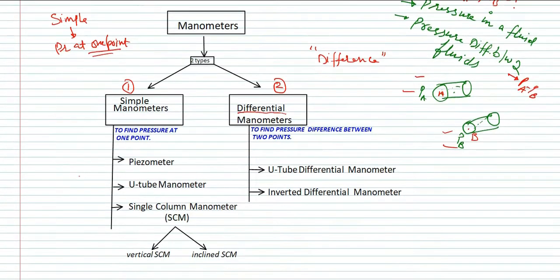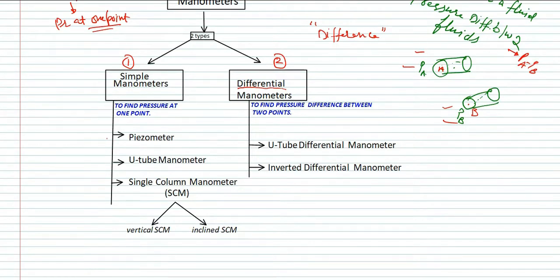Now again, the simple manometers are of many types: A is the piezometer, B is the U-tube manometer, C is the single column manometer, or we also call it SCM. And the differential manometers are basically of two types: the U-tube differential manometer and the inverted U-tube differential manometer.